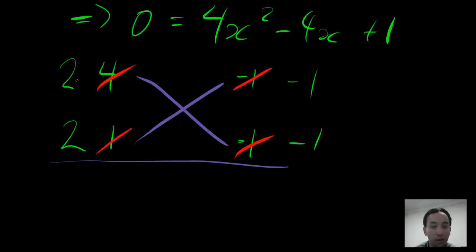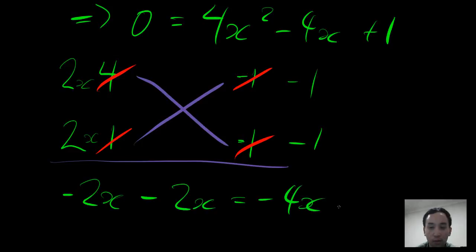So remember that this 2 over here is really just 2x and 2x, because both these multiplies gets you 4x squared. And checking this out, we're going to get -2x as you go down. And as you go up, you also get -2x. This is equal to -4x. And it matches up with our middle term.